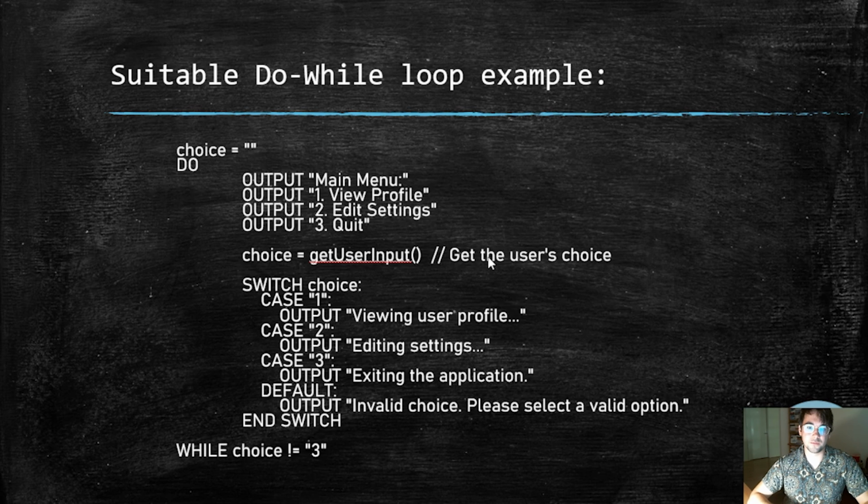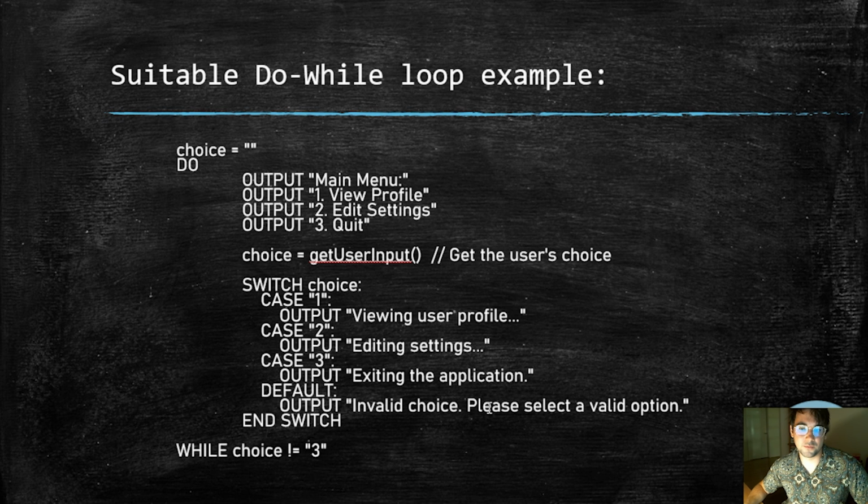When they finish, kind of like a pathway, you redisplay that menu for a different option to be selected. That's what this do while loop does here. Do, output the menu, get the user's choice, and depending on the user's choice, you might want to view their user profile, the user might view their settings, or if they pick number 3, they might exit the application, and that's when the loop would end.